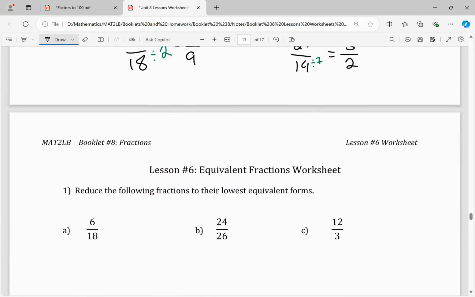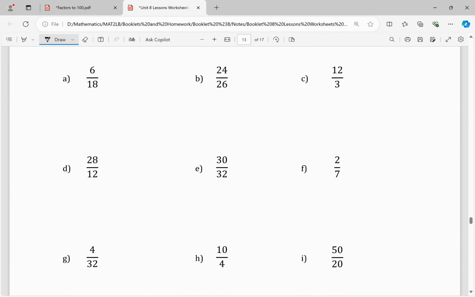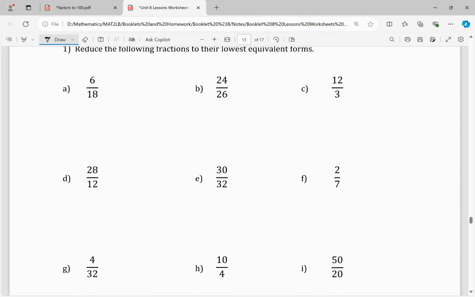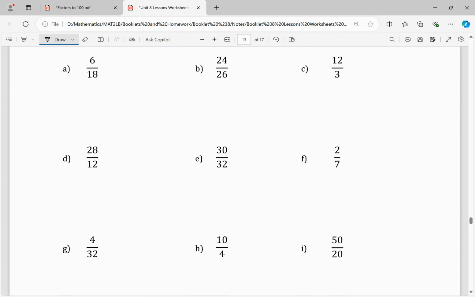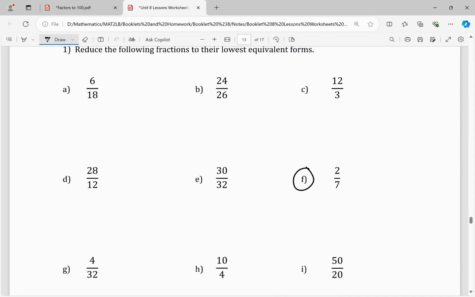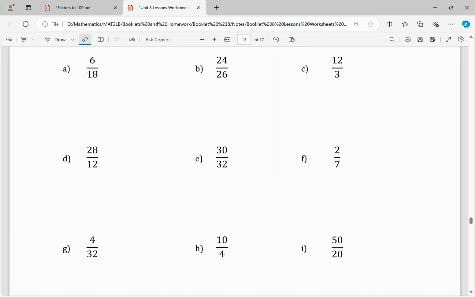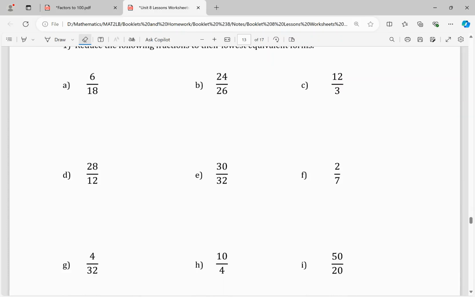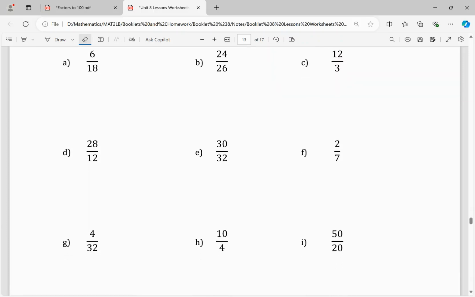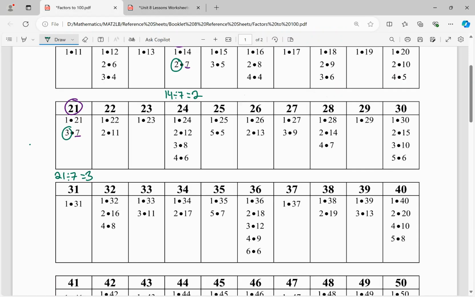Now, before I give you time to work on the homework, I actually want to solve one of these together. And we're going to solve question F, which is 2 over 7. So let's take a look at 2 over 7, right? If you go to your factor chart, and again, we're just in the worksheet, question F in the following worksheet. 2 and 7, let's go to our factoring worksheet.